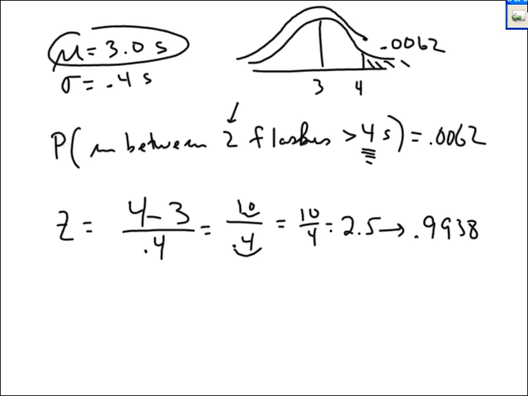The probability that between two flashes the time is bigger than 4 seconds is 0.0062. Now, what if we were to change this problem? What if we were to say that we want to look at many of these flashes, not just one of them?